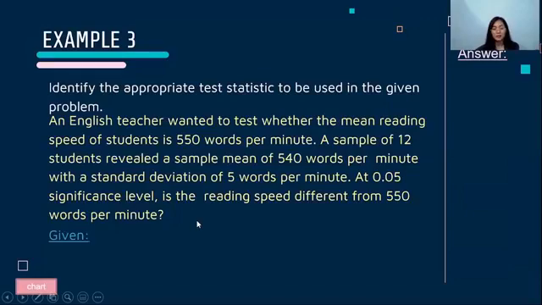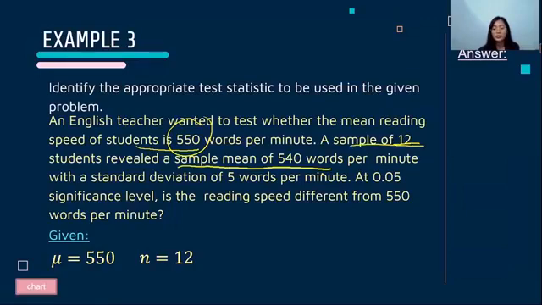So let's identify the parts of the given. We have here population mean equivalent to 550, and sample size equivalent to 12, with a sample mean equivalent to 540 words. And lastly, a standard deviation equivalent to 5, which is the sample standard deviation.